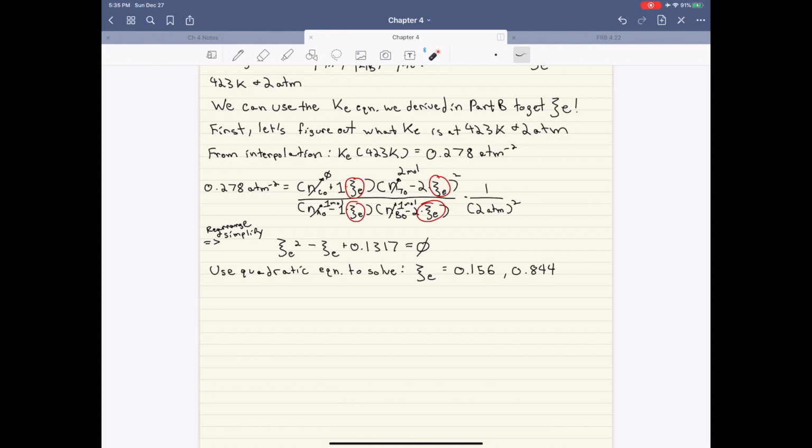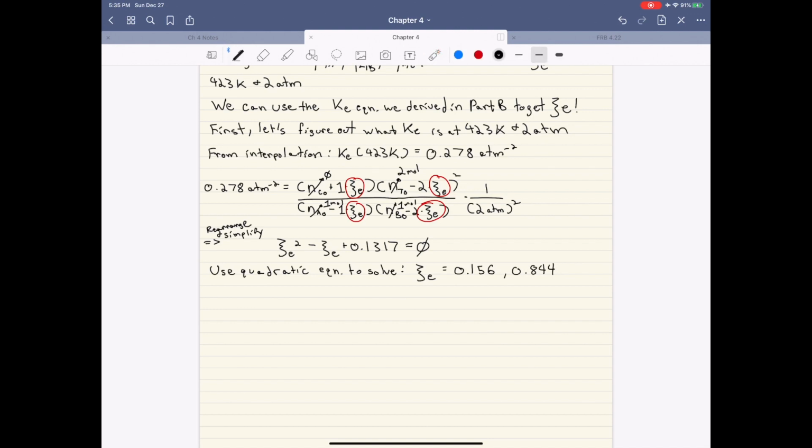Okay? So this root checks out. But if we plugged in the 0.844 into here, we would get 1 minus 2 times 0.844, right? And that would give us actually a negative number. Right? And essentially, it would be telling us that we have negative number of moles of species B at equilibrium, right? Which does not make sense.